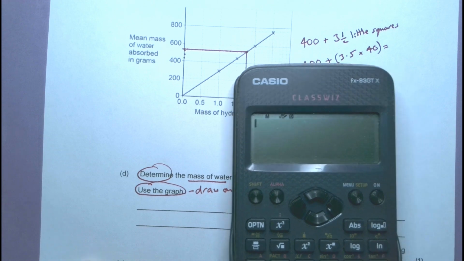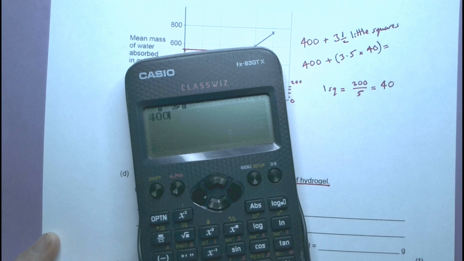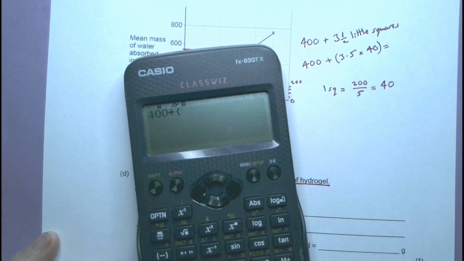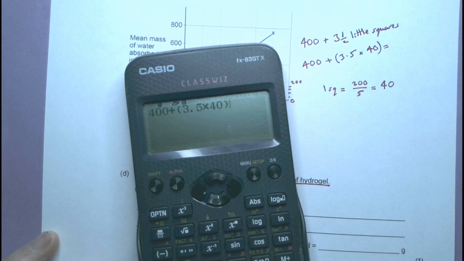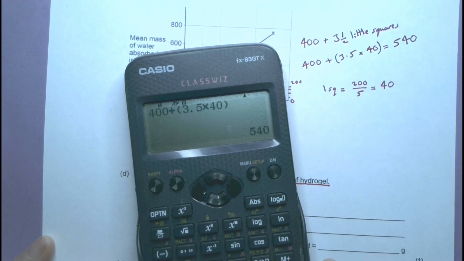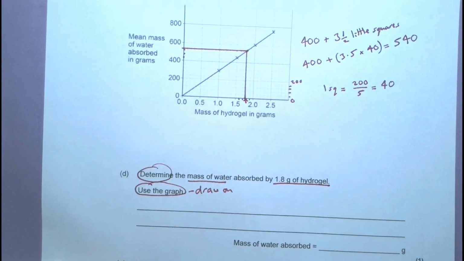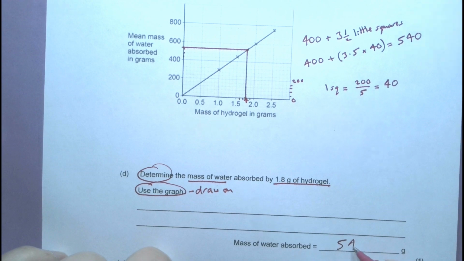So I've got 400 plus brackets 3.5 times 40, close brackets, equals, I think that's about 540 grams in total. So 540.